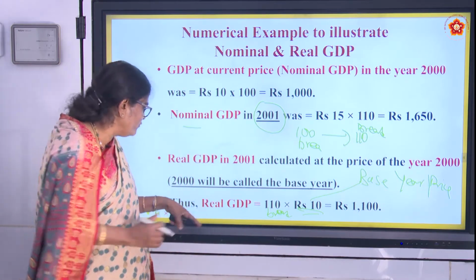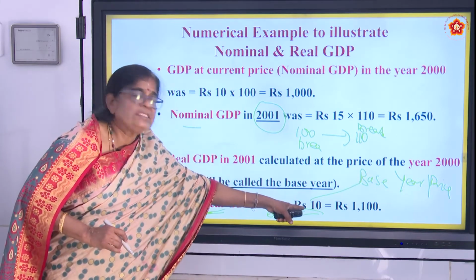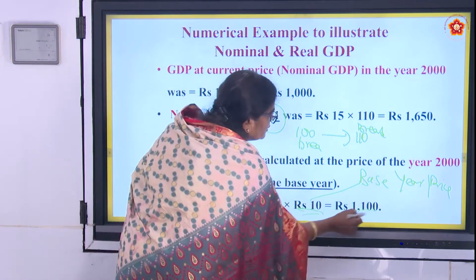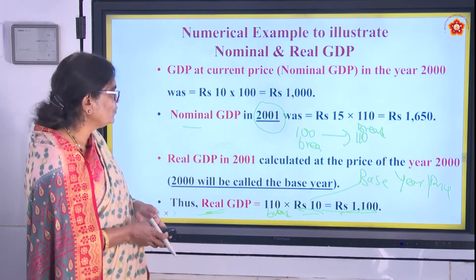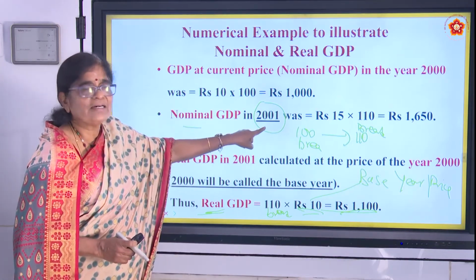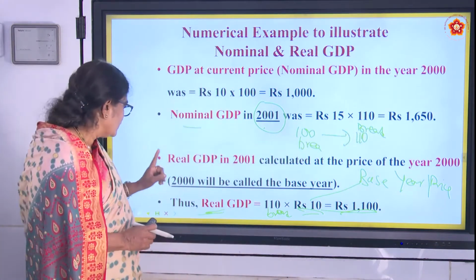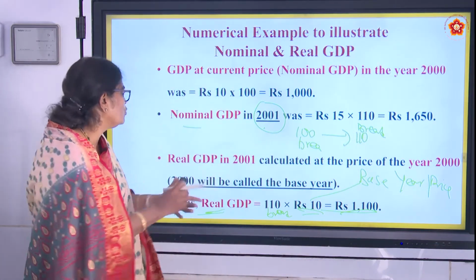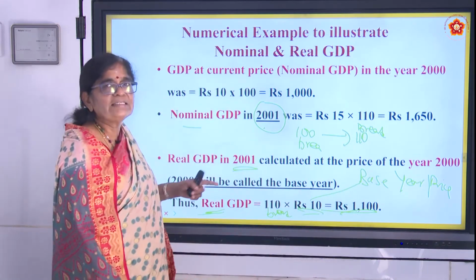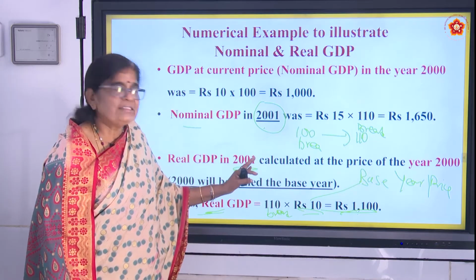We only allow the change in volume of product, but we keep the price fixed. Therefore, in 2001, when we calculate real GDP, we take the price of 2000 as the base year. What is that? 110 into 10, rupees 1100. That is the real GDP. Therefore, you can see the difference. Nominal GDP in the same year 2001 is 1650. The real GDP for the same year 2001 is 1100. What is the assumption here? Only the volume of production changed, price didn't change.